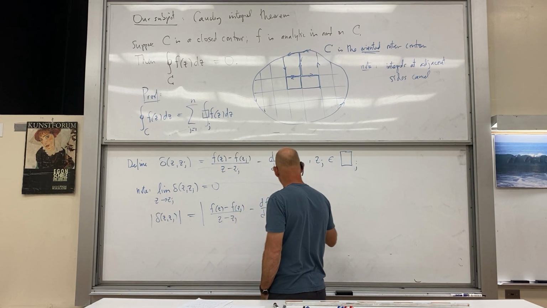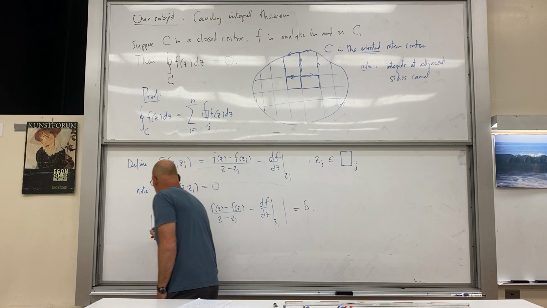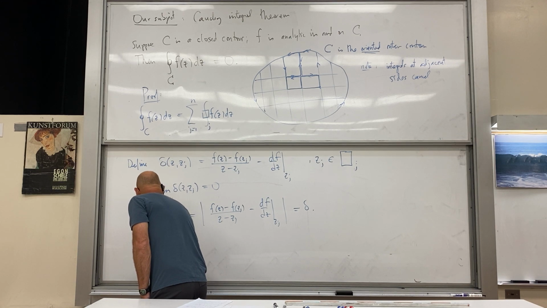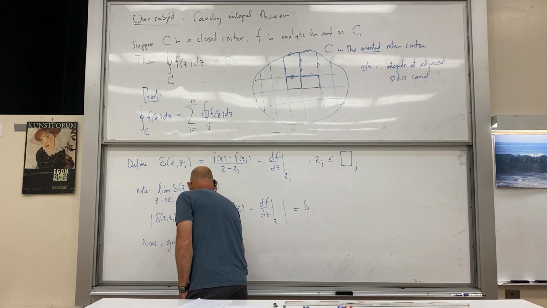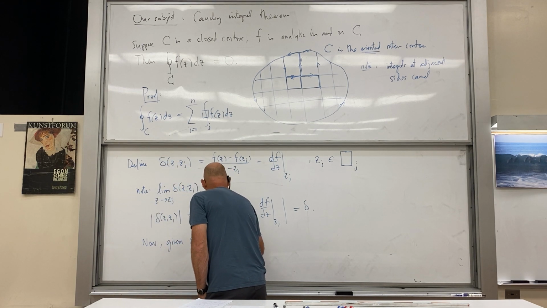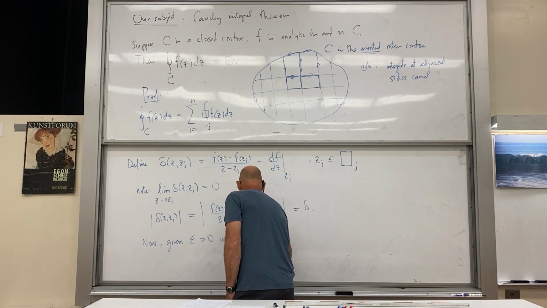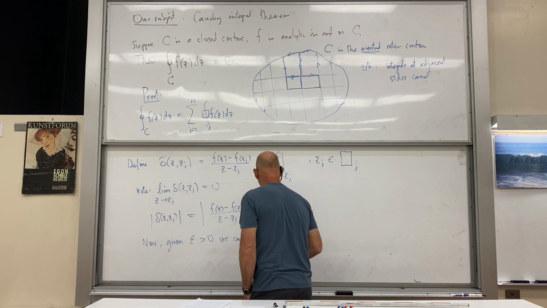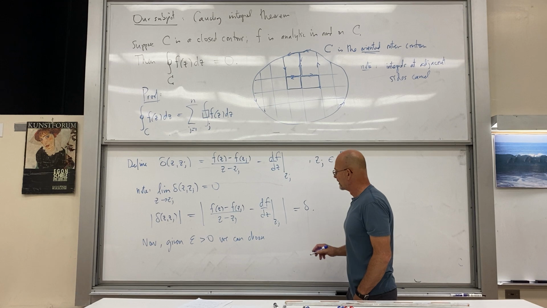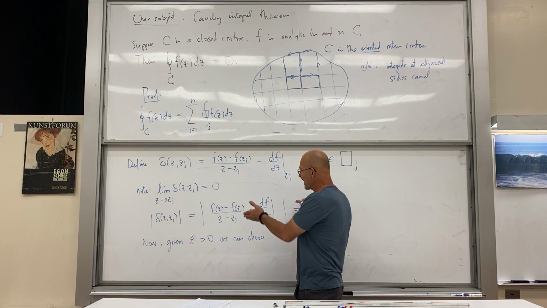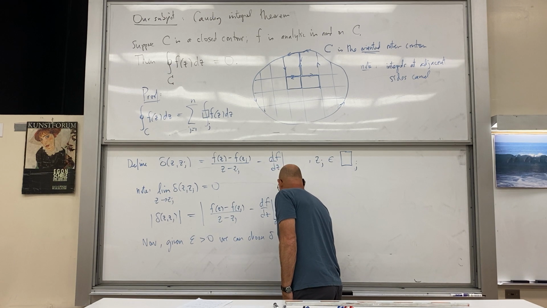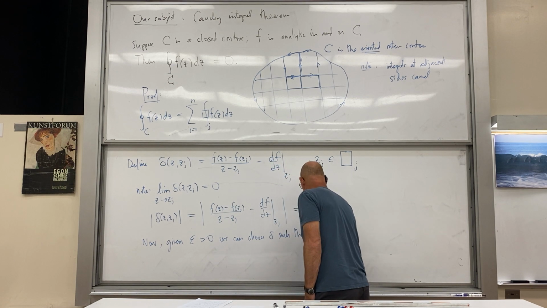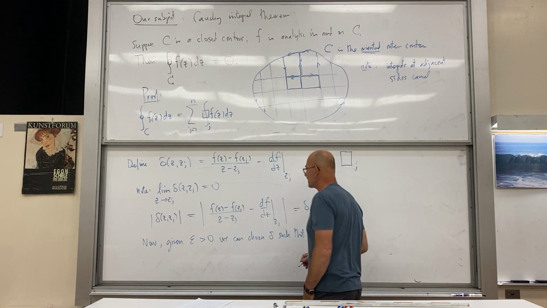So we're given epsilon greater than 0, we can choose to make delta such that delta is less than epsilon.